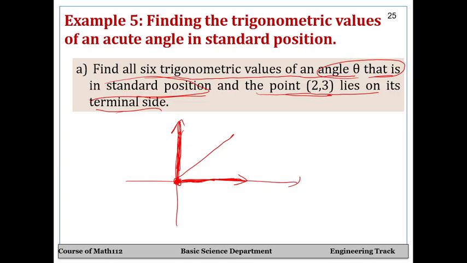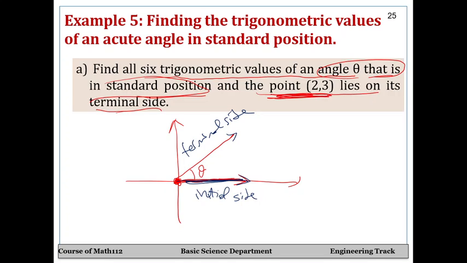Now here, this is the y-axis, this is the origin, and this one here is the initial side of theta, and this one we call the terminal side. Now, the statement of the question says the point 2, 3 lies on its terminal side. So 2, 3 is a point on the terminal side.